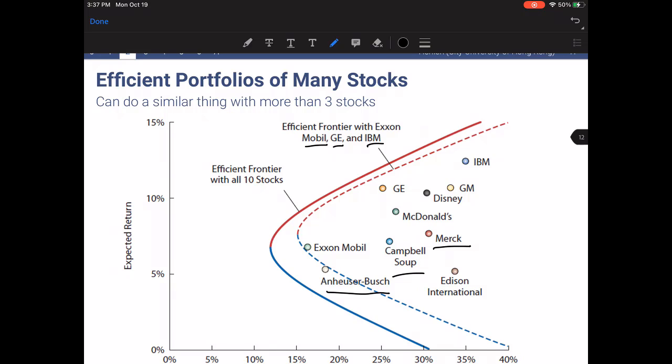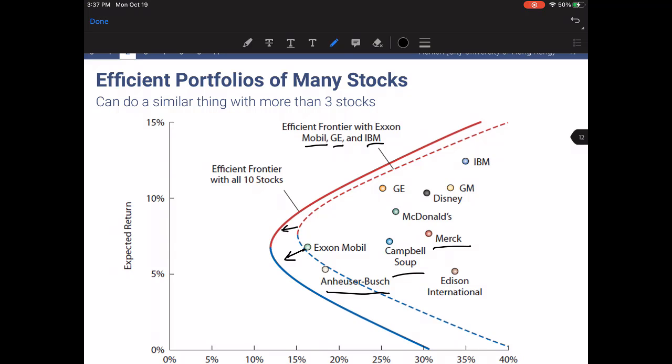Anyways, they all have different correlations with each other, and as you know, based on last week, this will give us diversification benefit, and it's up to us to figure out what the weights should be such that variance is minimized. And we can represent this set of portfolios that can be achieved based on a large portfolio of 10 stocks by this solid line here. So as we expand our 3 stock portfolio to a 10 stock portfolio, our efficient frontier is shifted outward.